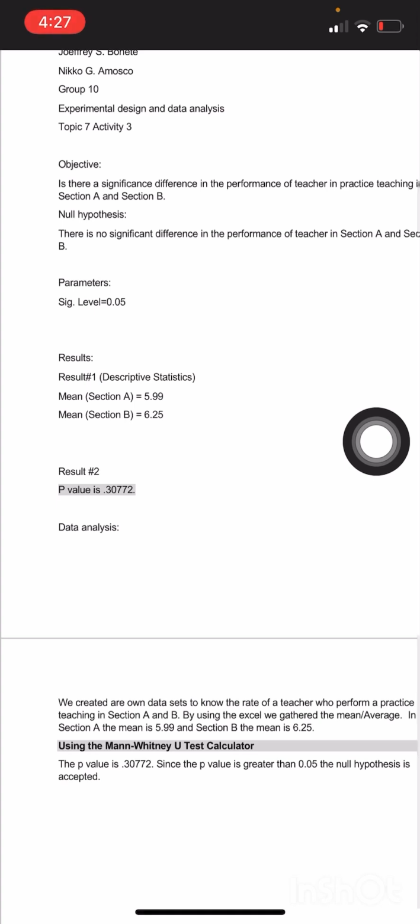Result number 2 is the p-value, which is 0.30772.